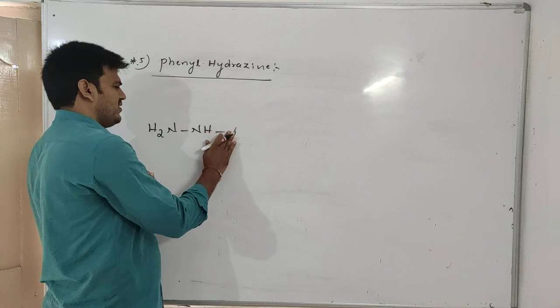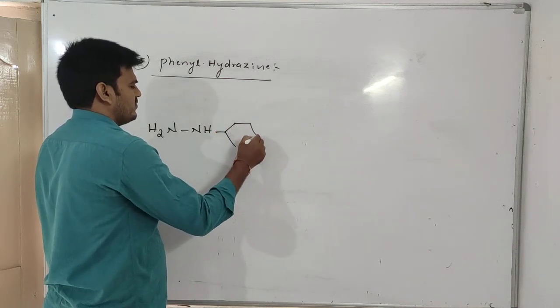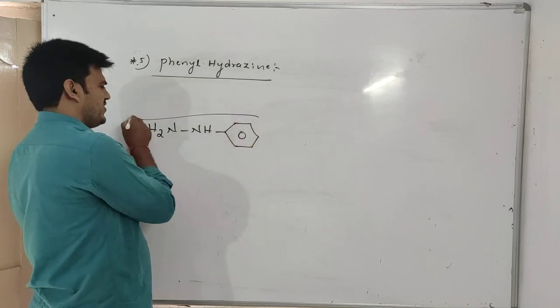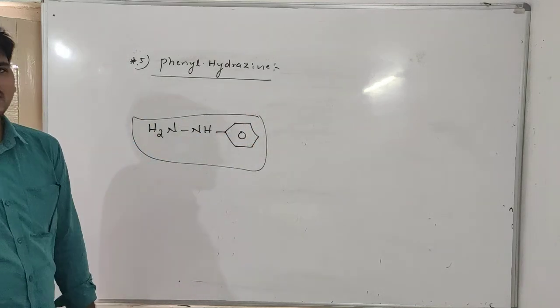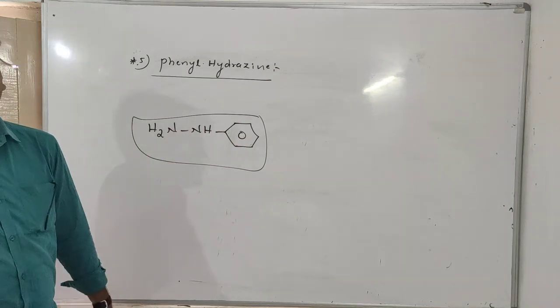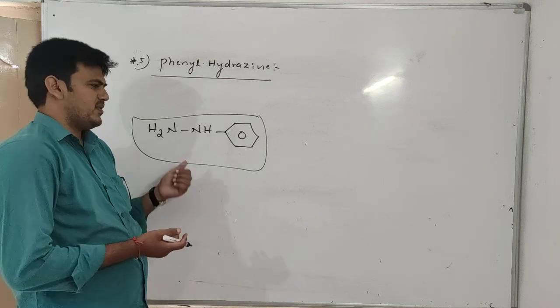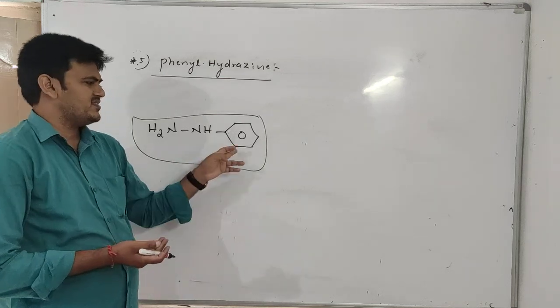Removal of one hydrogen from hydrazine and adding a phenyl group, C6H5, gives phenyl hydrazine.